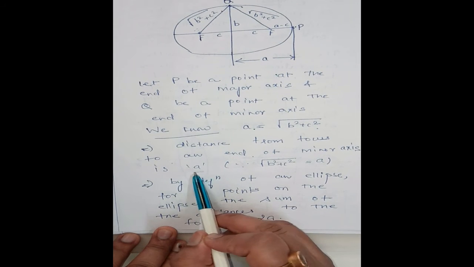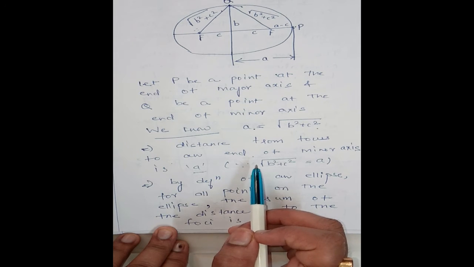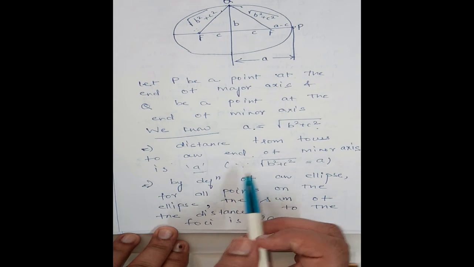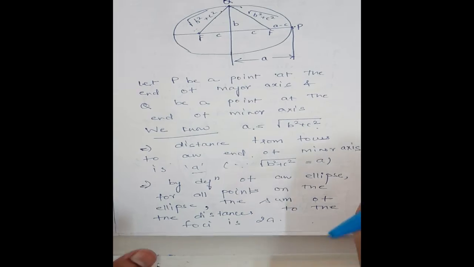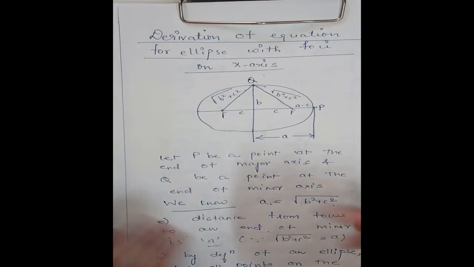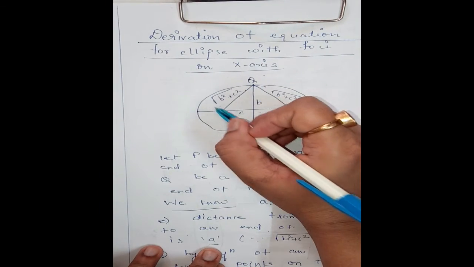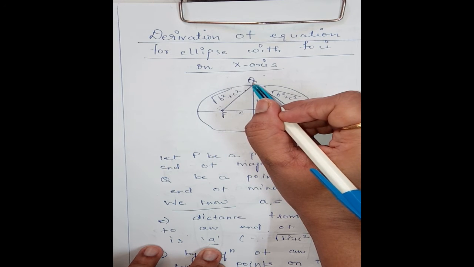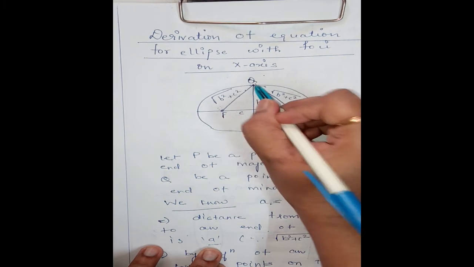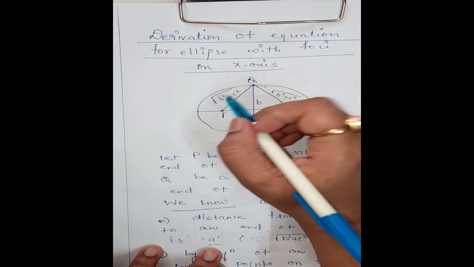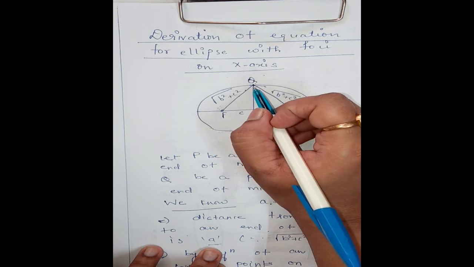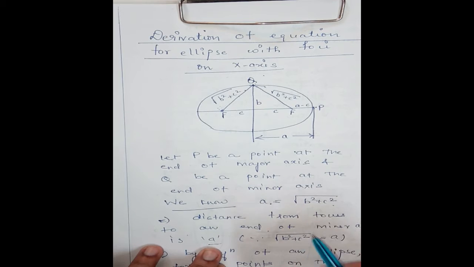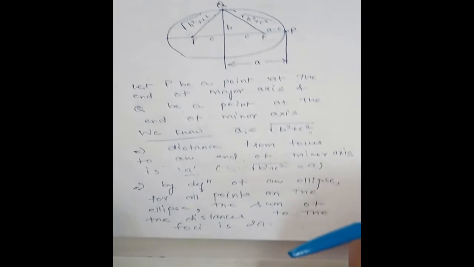From one focus it is a, and from two foci the sum will be a plus a, that is 2a. See here, the sum of the distances from Q to F1 and Q to F2 is 2 into square root of b squared plus c squared. Now this square root of b squared plus c squared is a, so the sum will be 2a.